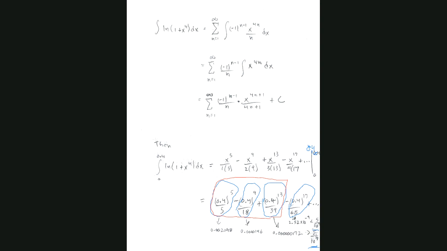Okay. So once again, 2.52 times 10 to the negative 7th power.